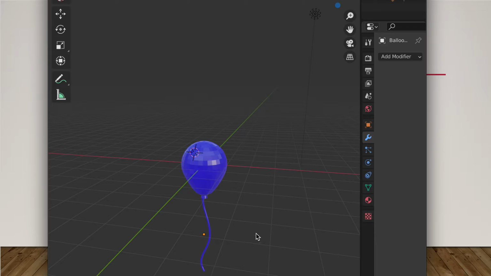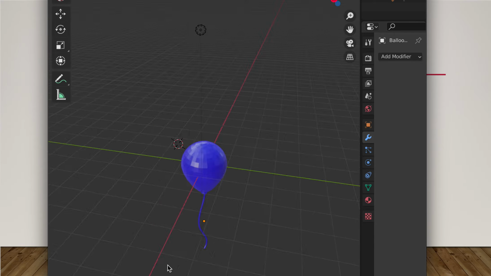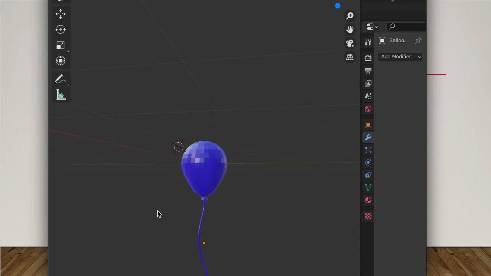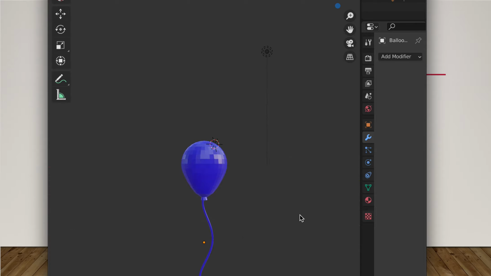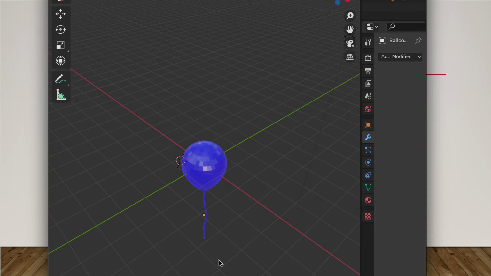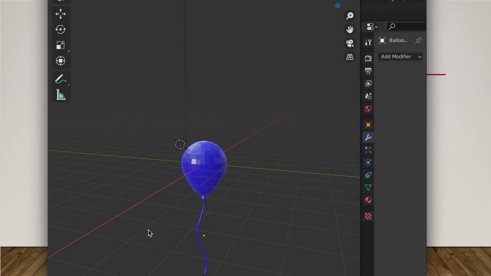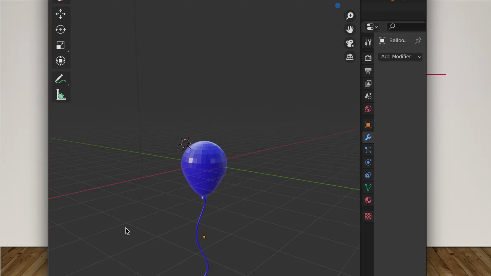So here is my balloon that I have modeled in Blender, and I will be using these as moving targets that will float around for you to shoot. I'm going to improve the movement from the previous project, so it's not going to be choppy. It's going to be smooth animation where they float around and can be shot at and fly away when you shoot them.